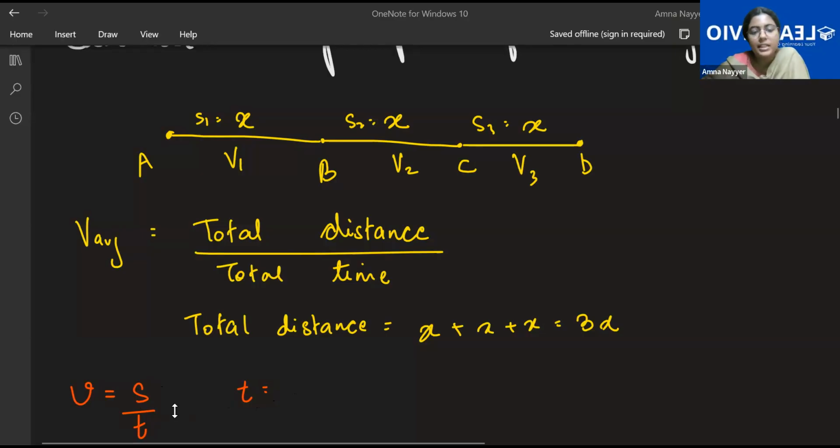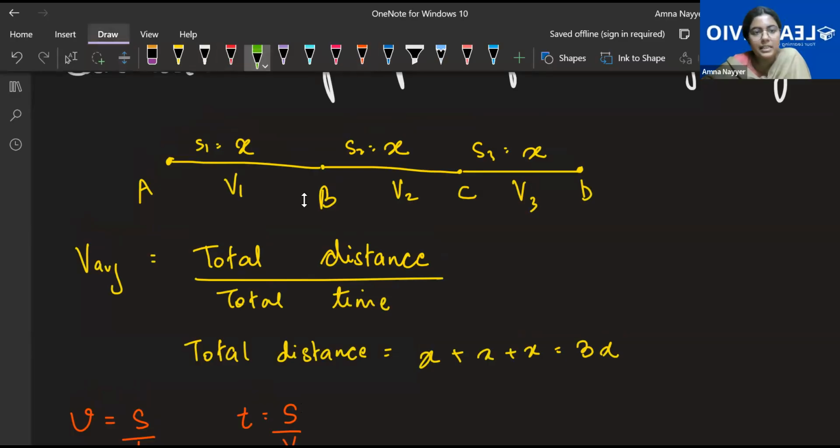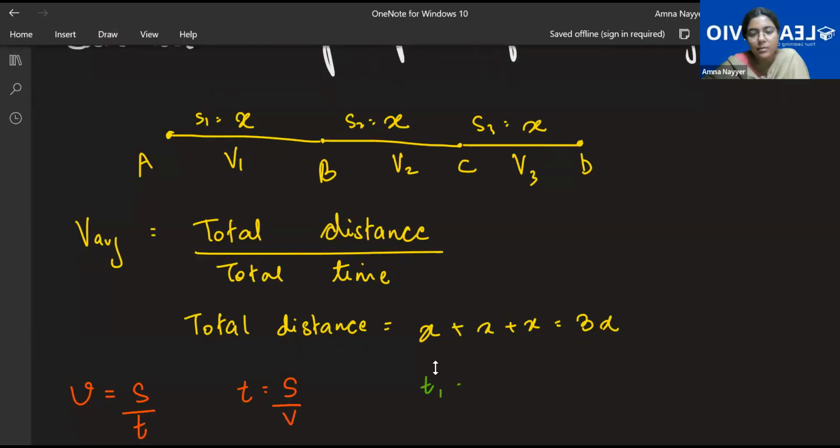Yes, very good, Mariam. So as Mariam said, time is distance divided by speed. So if I want to write the individual times, T1 will be, the distance is x, speed is V1, x by V1. Similarly, T2 will be x by V2. T3 will be x by V3.